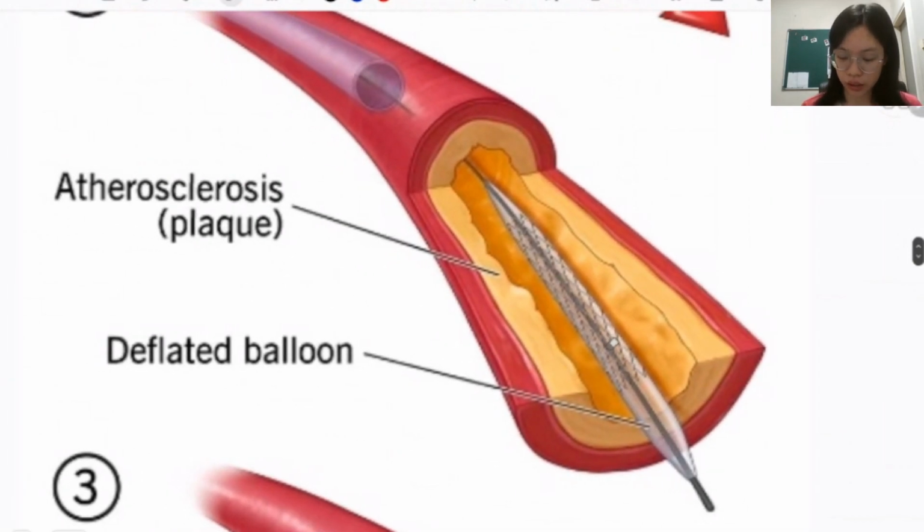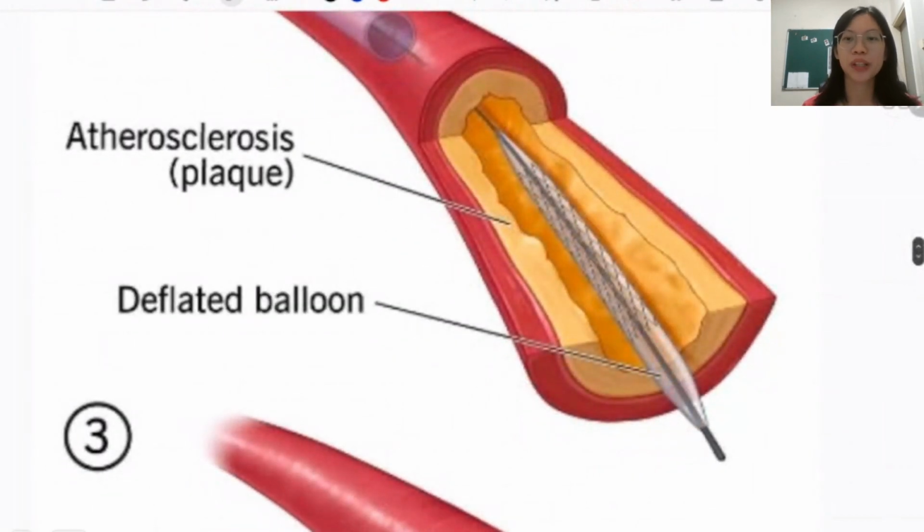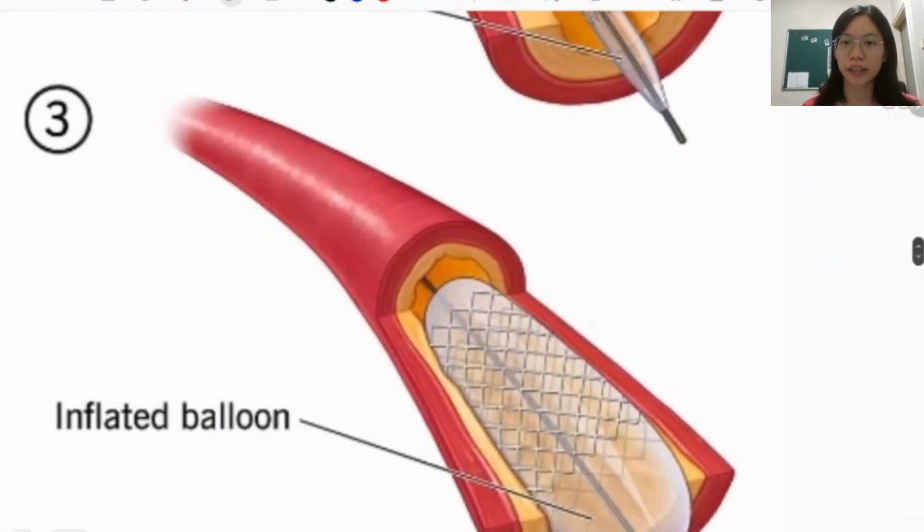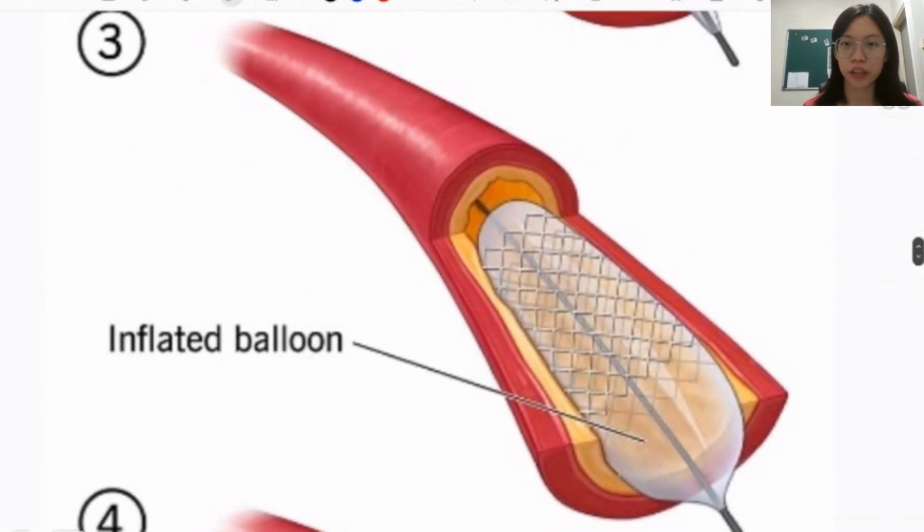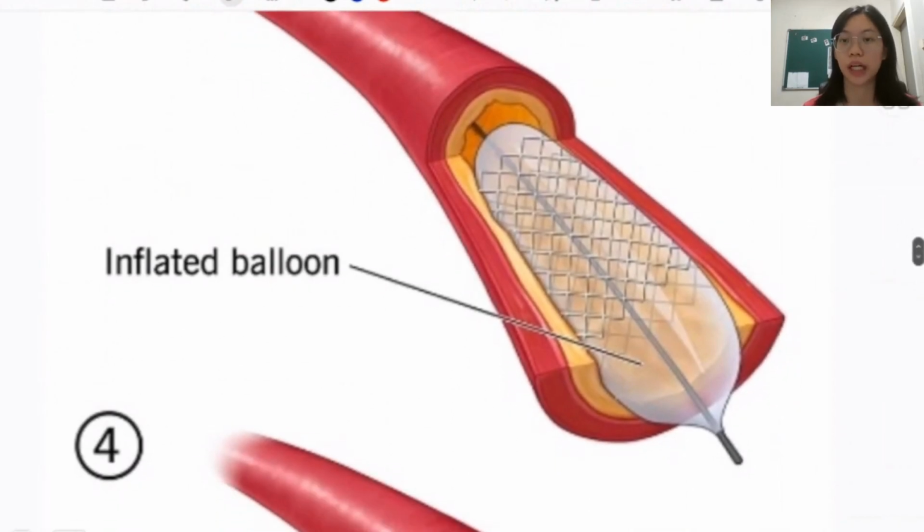And the balloon outside is surrounded by the stent. They will put it at the targeted area, the one that has a narrow lumen, and then they will 吹波波, blow the balloon, boom. When they blow the balloon, the stent will extend. The balloon forces the stent to extend and also forces the narrow lumen to widen.